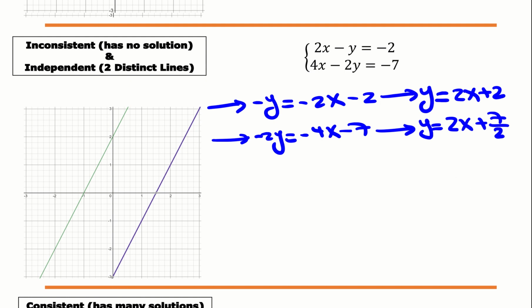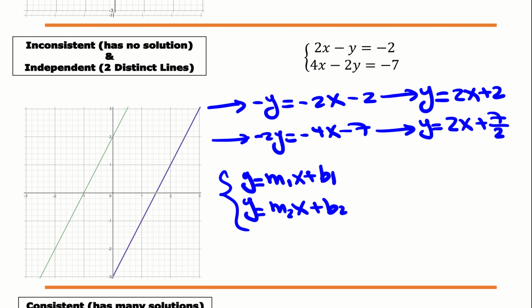So the characteristic of this kind of a system is if we call one y equals m1x plus b1, and the second one y equals m2x plus b2, what needs to be happening to get this kind of a system inconsistent and independent is that the slopes have to be the same, and remember, this means both conditions have to be met, and the y-intercepts have to be different.